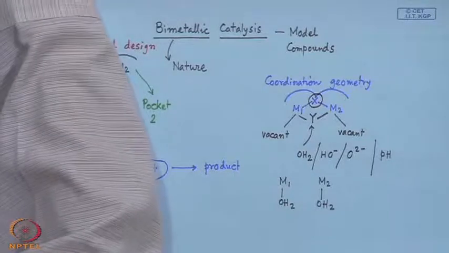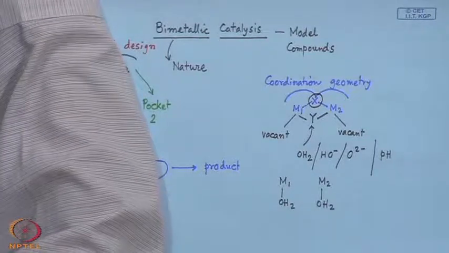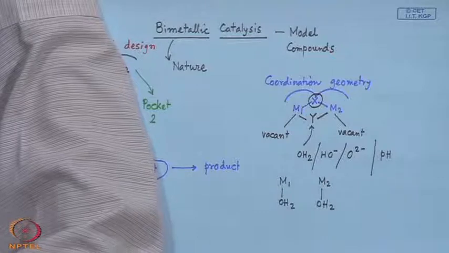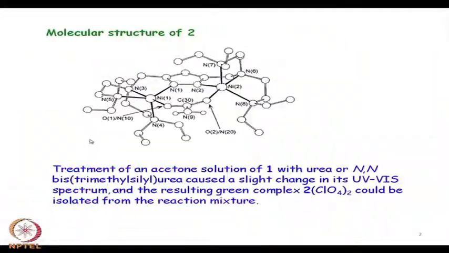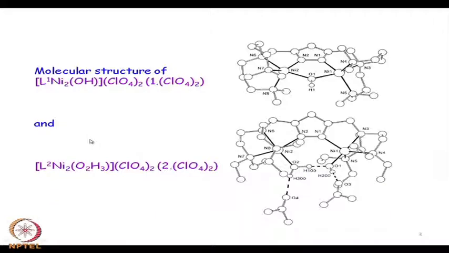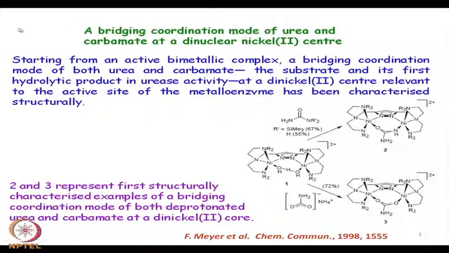So, what we have seen that the bridging coordination mode of urea, when we are talking about urease molecule. So, this is one such motif, do not worry about the complex structure for that.